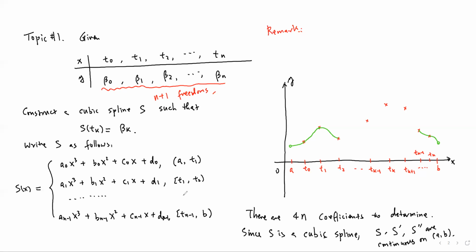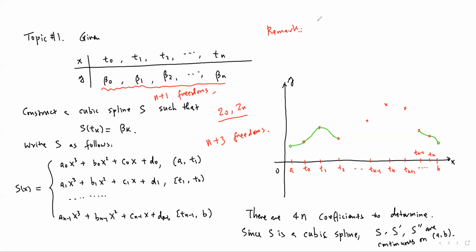And we can also arbitrarily assign values to c0 and cn. So in total, we have n plus 3 freedoms to determine a cubic spline function.